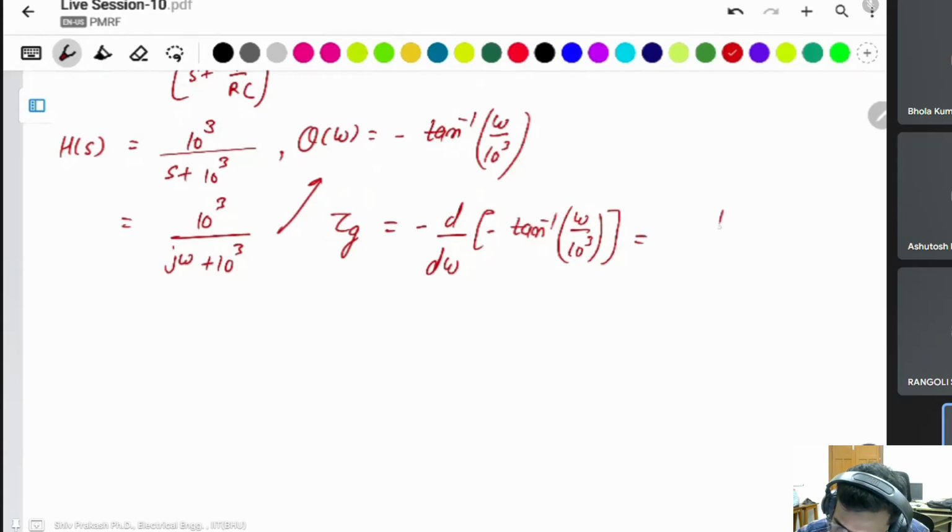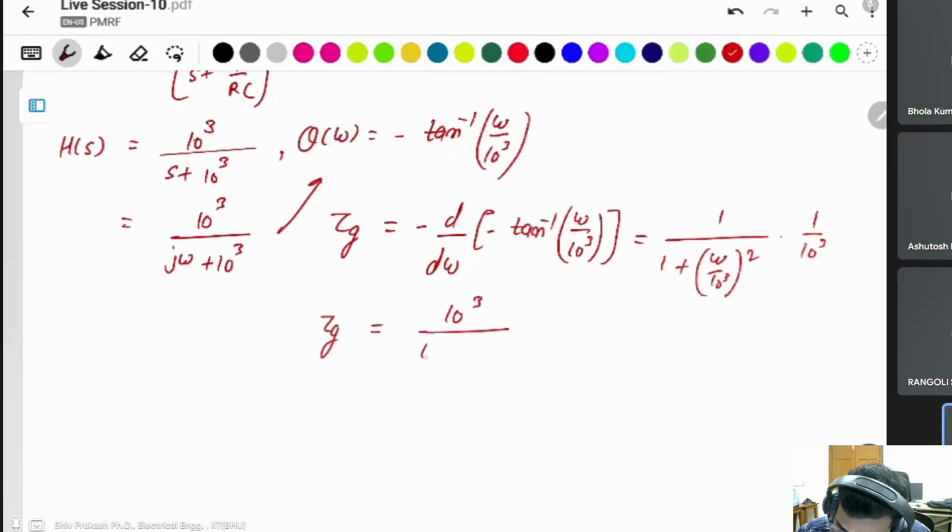This is 1 divided by (1 plus (omega by 10^3) squared) times 1 by 10^3, which is 10^3 divided by (10^6 plus omega squared).